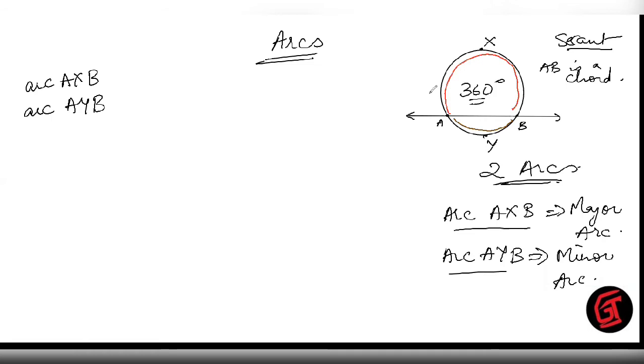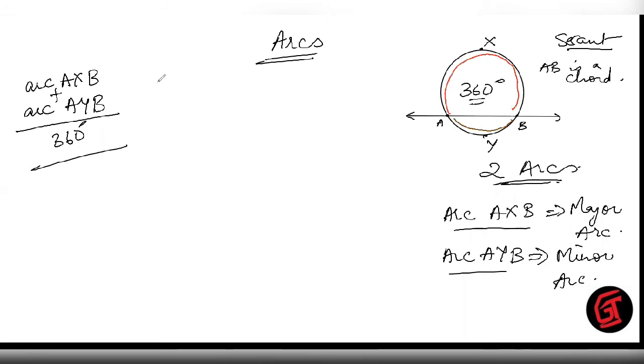So whatever is round totally is 360 degrees. If I divide this into two parts, we come to know that arc AXB plus arc AYB is 360 degrees.